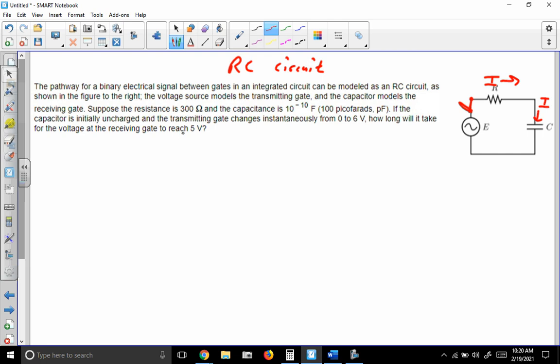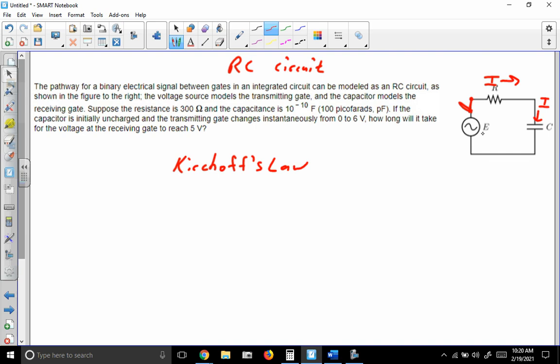Now, one law of a circuit, there's a whole list of these, they're called Kirchhoff's laws. One of Kirchhoff's laws says that when we sum the voltage in a system, the sum of the voltage should equal zero.